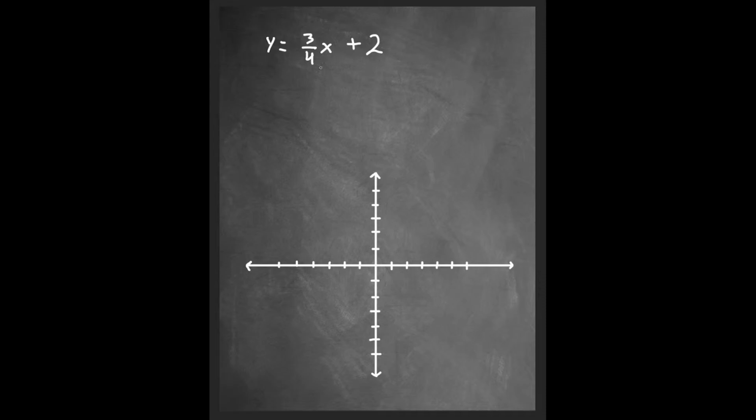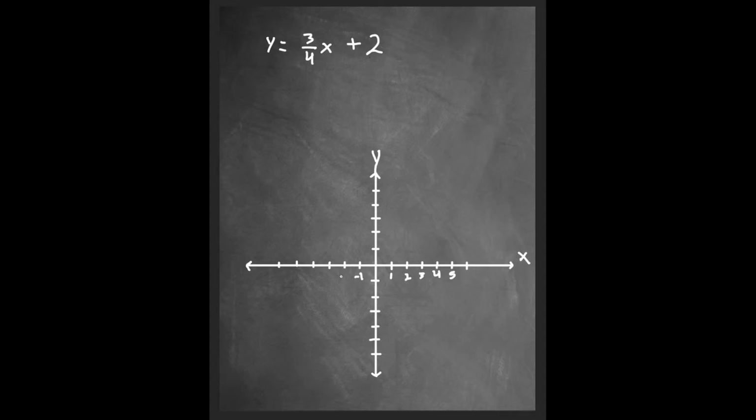How do we know that? Because when x, these are our x values, these are our y values. When x equals 0, which is right here, this is 1, 2, 3, 4, 5. These are the values of x. And then in this other direction, they go negative.